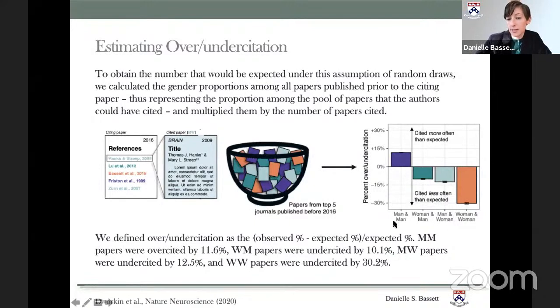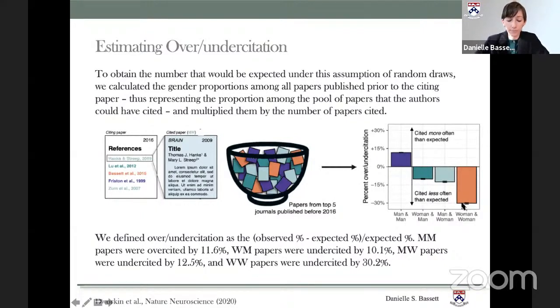So that allows us to get this percent over and under citation, which we define as the observed percent minus the expected percent divided by the expected percent. So man-man papers are oversighted by 11.6%, and women-women papers are undercited by 30.2%. And so that's what you're seeing over here. In the purple bar is the oversightation of man-man papers, and in the burnt orange is the undercitation of the women-women papers.